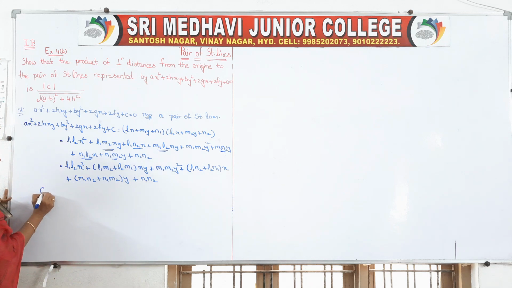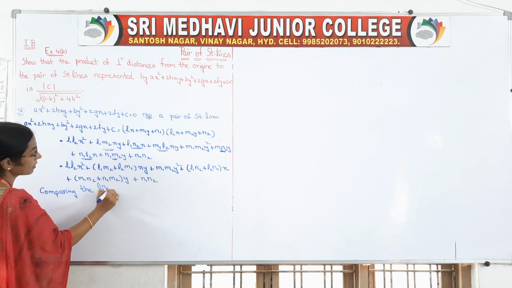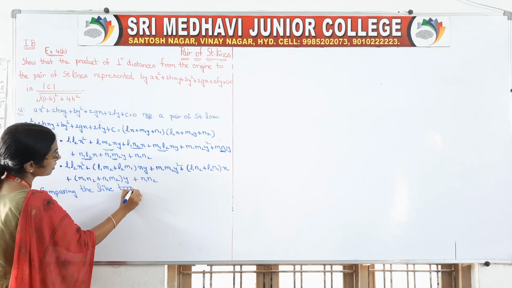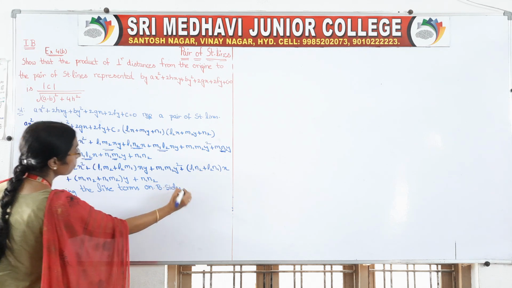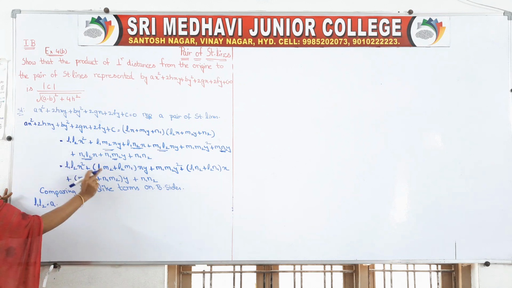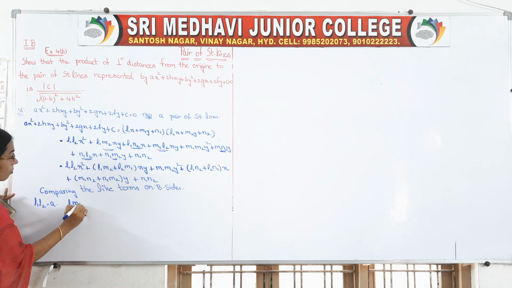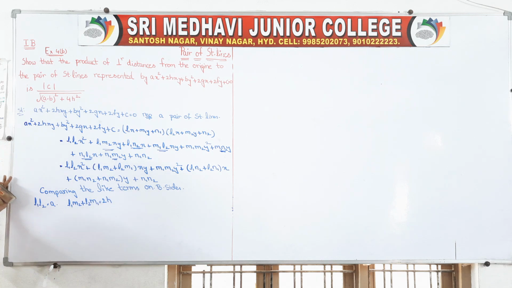Now comparing the like terms on both sides. The x square coefficient is L1 L2, and the x square coefficient is A, so L1 L2 is equal to A. Next the xy coefficient is 2h, so L1 M2 plus L2 M1 is equal to 2h.